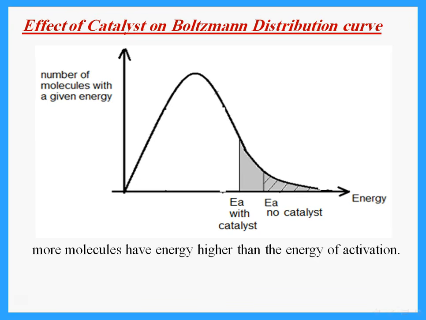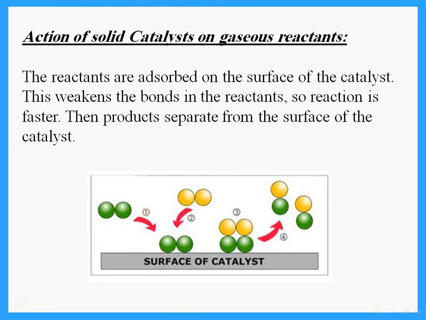So notice that when we use the catalyst, it is the position of the activation energy that moves to the left, so that now a bigger area is after the energy of activation, so more particles have energy higher than the activation energy. Now, what does a catalyst actually do? How does the catalyst act in order to lower the activation energy?